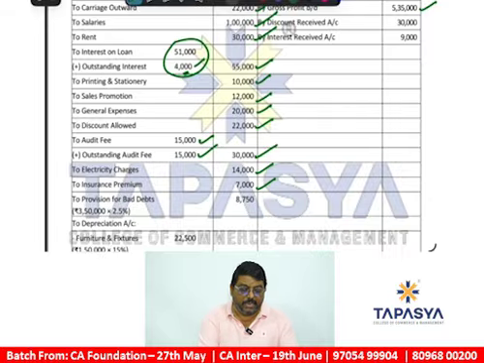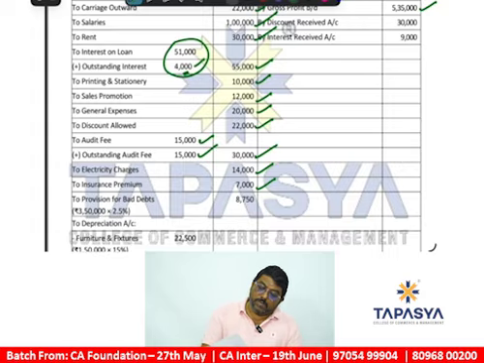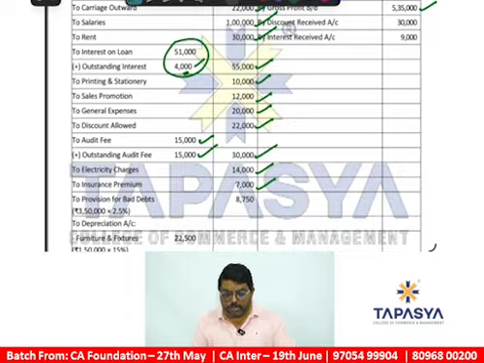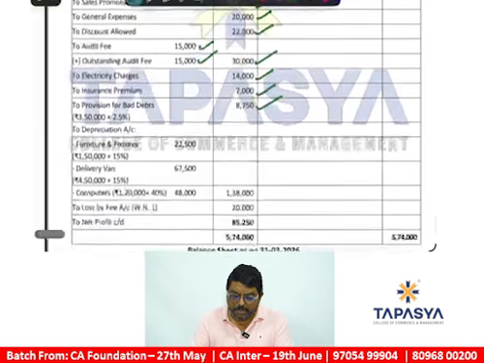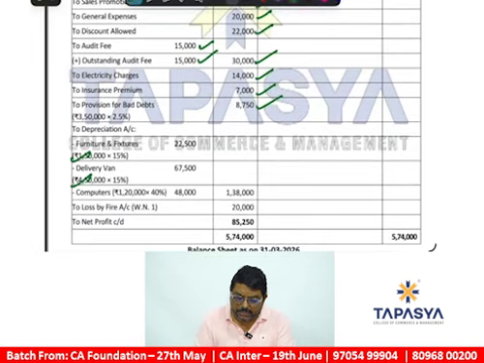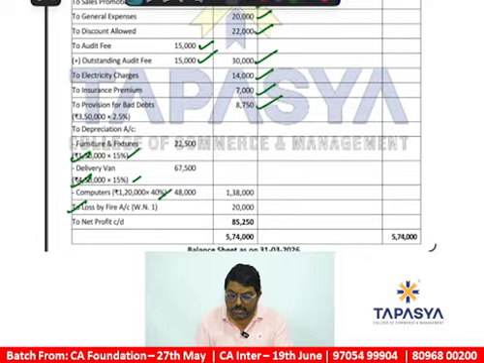But for provision for bad debt, please check your debtors given in the trial balance. Debtors are 3,50,000. 3,50,000 into 2.5% is 8,750 provision for bad debt. Provision for bad debt is always minus from debtors and P&L debit. You debit it here in the P&L. In all the respective assets, the respective depreciation is 15%, 15%, and of course computers 40%.